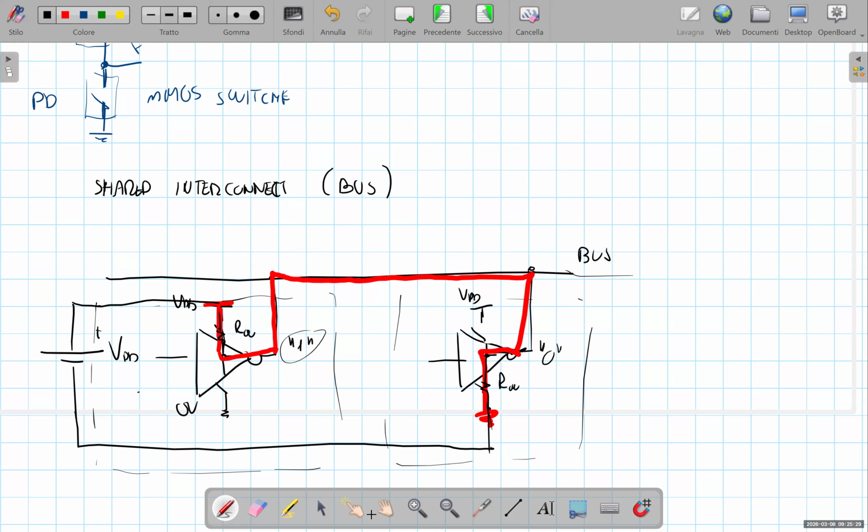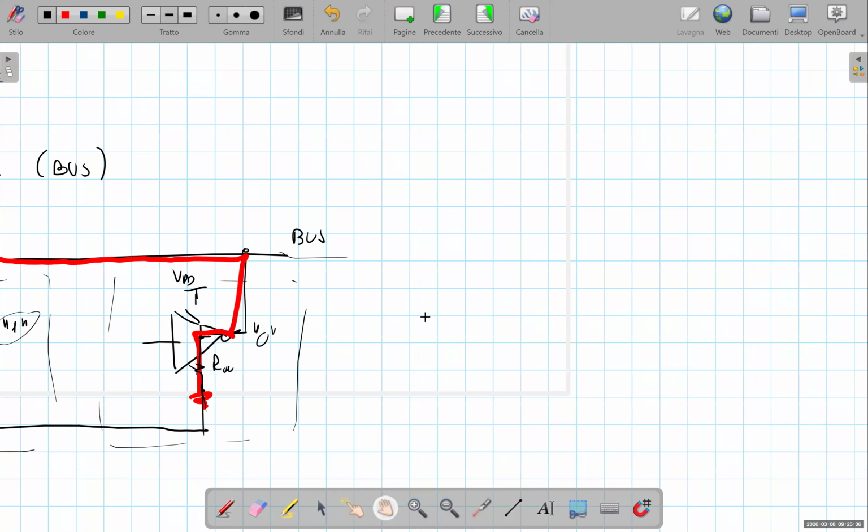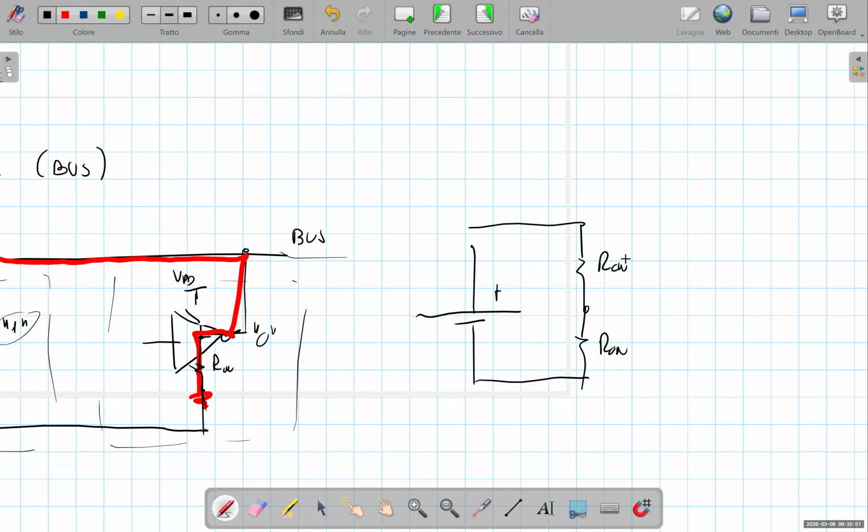From the electrical point of view, this structure is equivalent to the battery with these two small resistances, R on, in series.